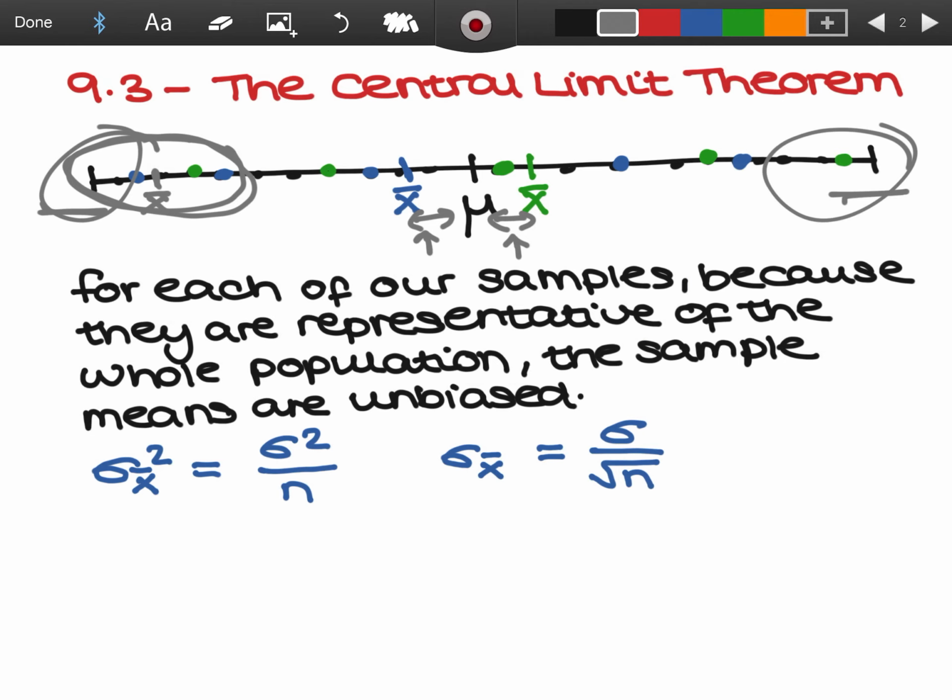But when we look at taking samples, and then I look at where my sample means land in comparison to the population mean, you notice that my sample means land way closer to this population mean than my data points on either end. Okay, these 2 points here and here land way closer to our population mean than the points on either end.